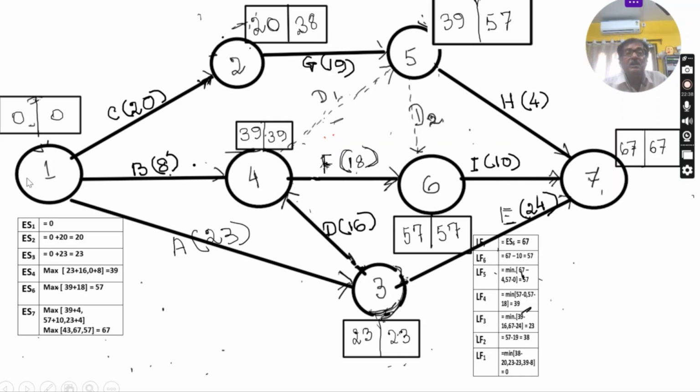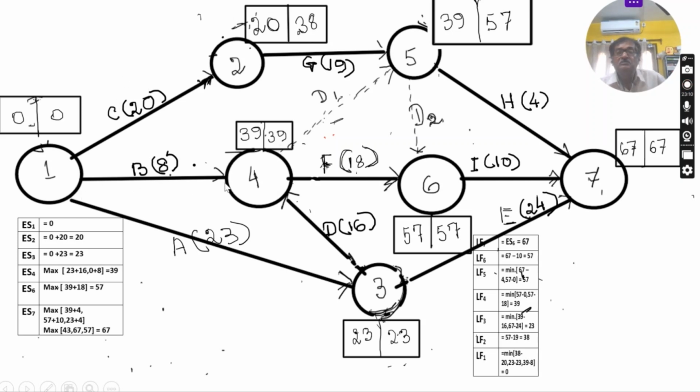Again I am repeating, how is this 0? 3 activities are coming out from this node: 1, 2, 1, 4 and 1, 3. Let's check one by one. On this node, the latest finish time is 38. To reach here, you have to complete this task. That is 38 minus 20 is equal to 18. That is one value.